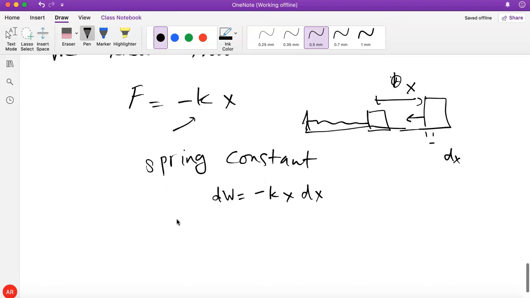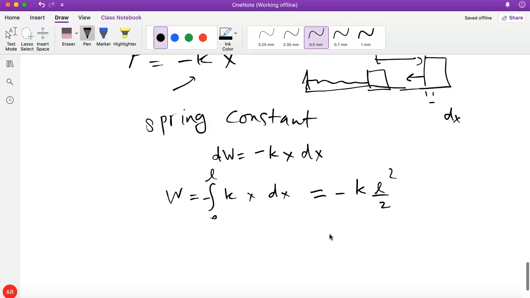And suppose you've stretched your spring from 0 to L, right? Then the total work is an integral from 0 to L of minus kx dx. The integral of x is x squared over 2, so that's minus k L squared over 2.